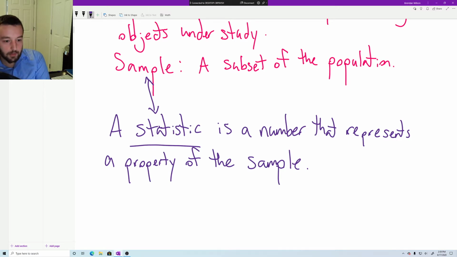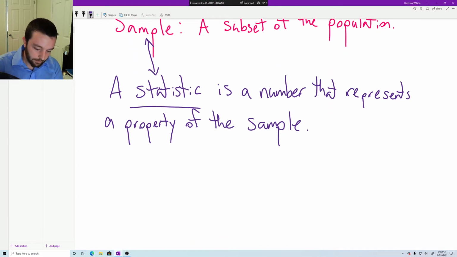So a number that represents a property of the sample is a statistic. So there must be a name for the number that represents a property of the population. And there is, that's a parameter. Okay. But it's a little more than that.